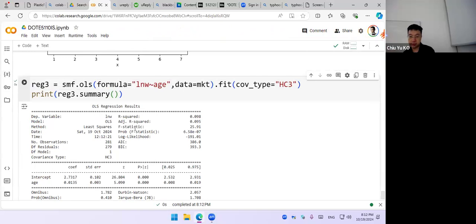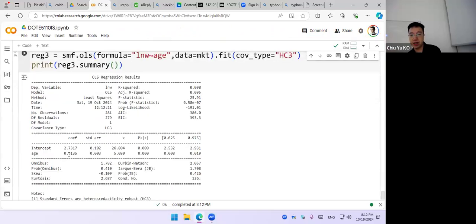If you run this, you will see our salary in terms of marketing is rising by 1.3% per year, on average. And this p-value makes sense, it is 0.